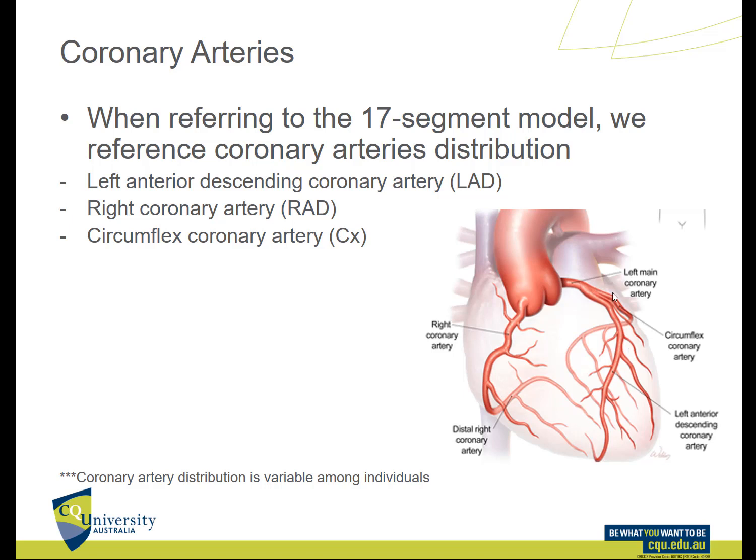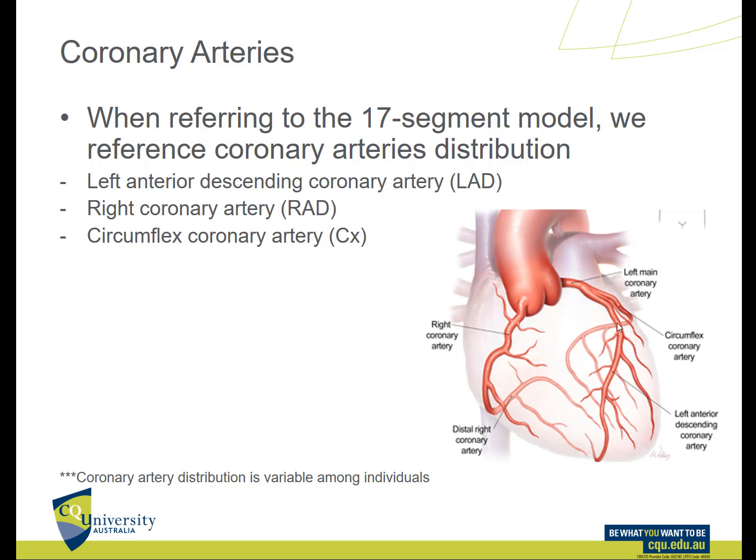The left main artery branches off into the circumflex artery and the left anterior descending coronary artery. The LAD sometimes is known as the widowmaker. If somebody had a blockage up here, you could imagine how much of the artery would be affected, and how much muscle wouldn't be getting proper blood flow.